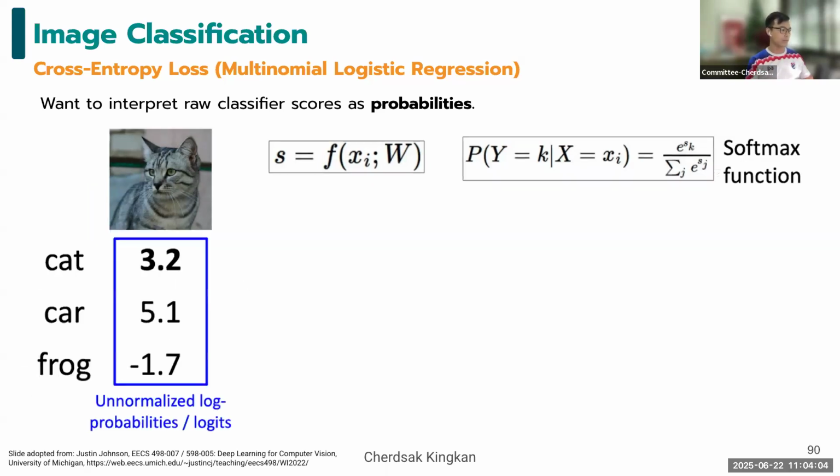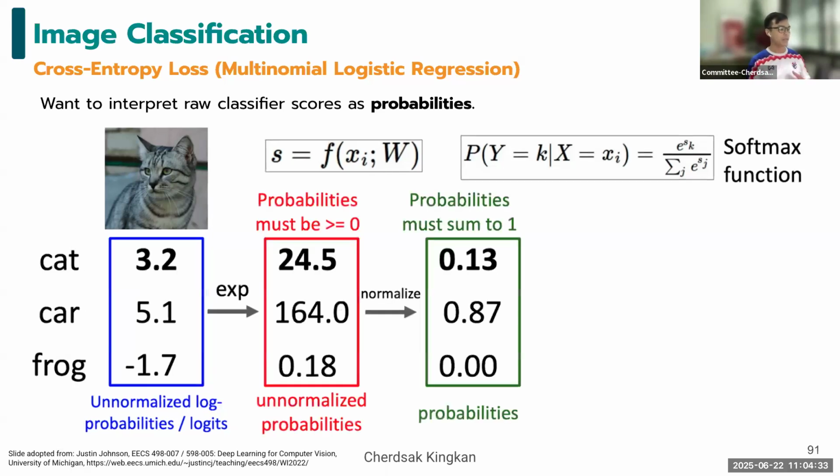So this is what we call the unnormalized log probability, the raw score, or logits. When we go to convolutional neural networks, you will hear this term very often, logits. Just remember, the logit is the unnormalized log probability, the raw score that the model gives you, which you plug into the exponential function.